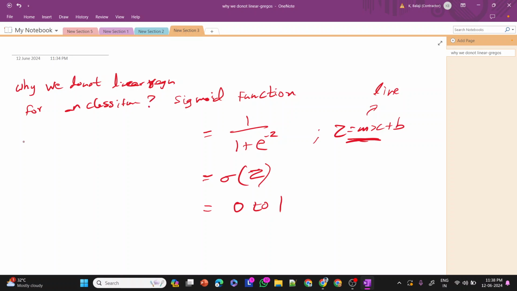Because of these two conditions. Whenever we use a regression algorithm for classification, because of outliers, our best fit line will vary or be affected.